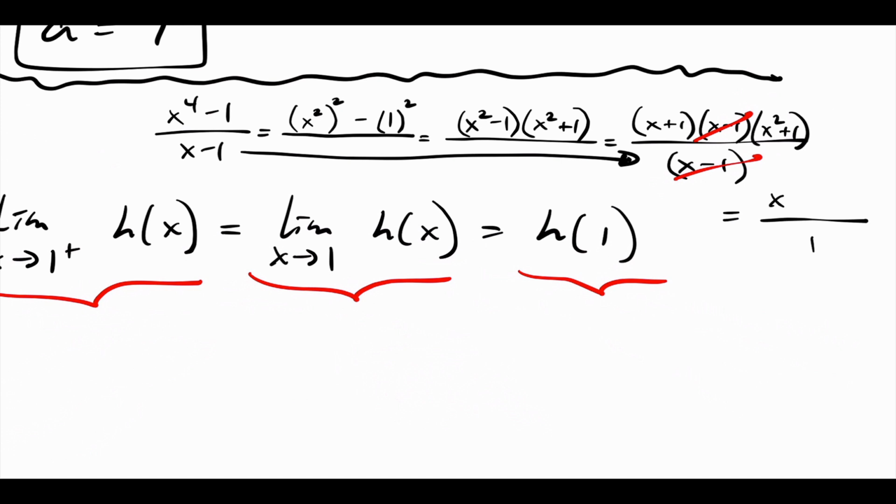And I have x plus 1 times x squared plus 1. That's what I'm going to plug it into. I'm going to change the top. The top is no longer x to the 4th minus 1 over x minus 1. It can be reduced. It can be factored.